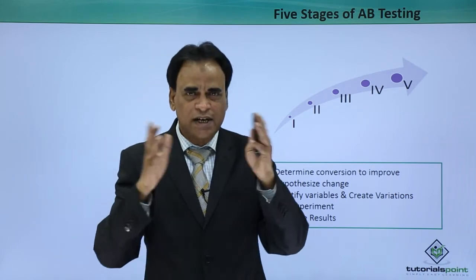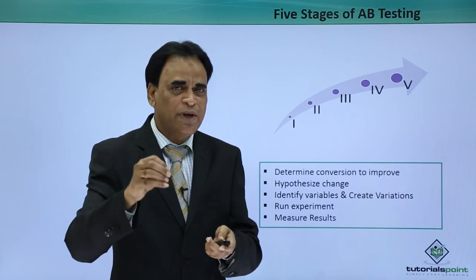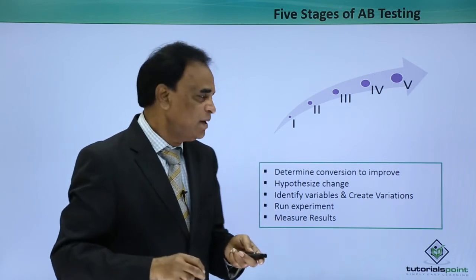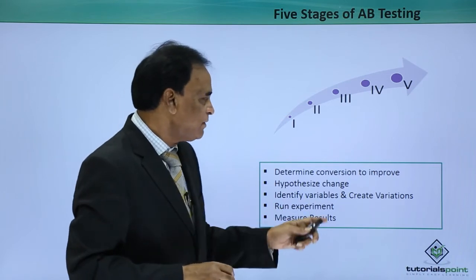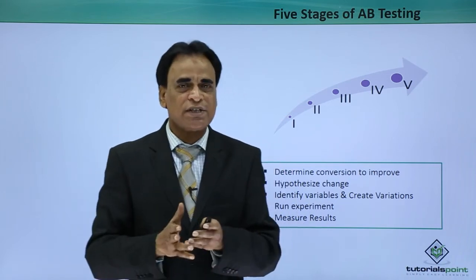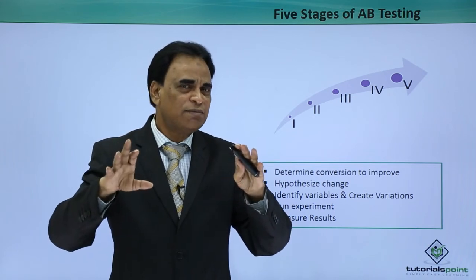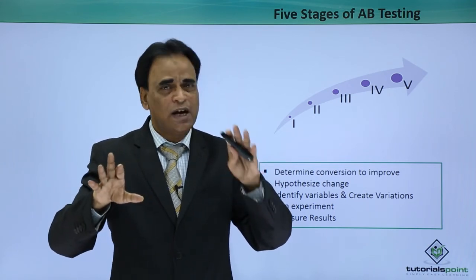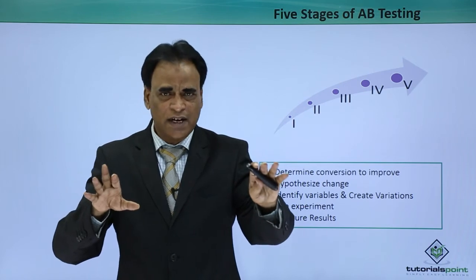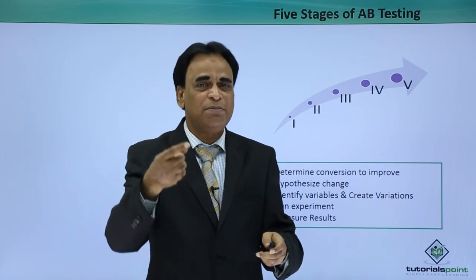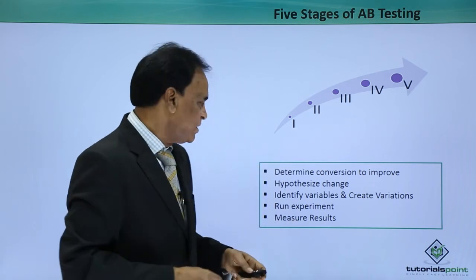Hypothesis change. Create a hypothesis scenario and make sure that these changes are implemented the next time you run the implementation process. Identify variables and create variations. You need to identify the variations. What are the changes that you have made for one particular page, and what are the changes that you have made for the second page, and whether these pages are performing as per the goals set during the testing process.